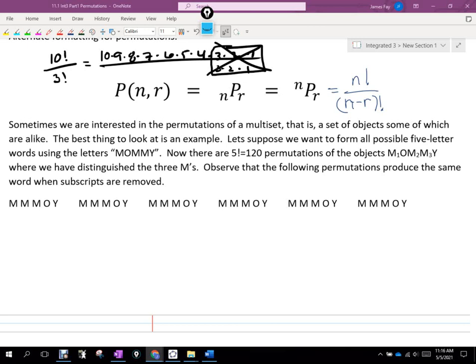So this question says, sometimes we are interested in the permutations of what's called a multi-set. A multi-set is just a fancy word for saying that you have a list of letters or characters, and that list has repeats in it. So you can think about, maybe, when you write a password.